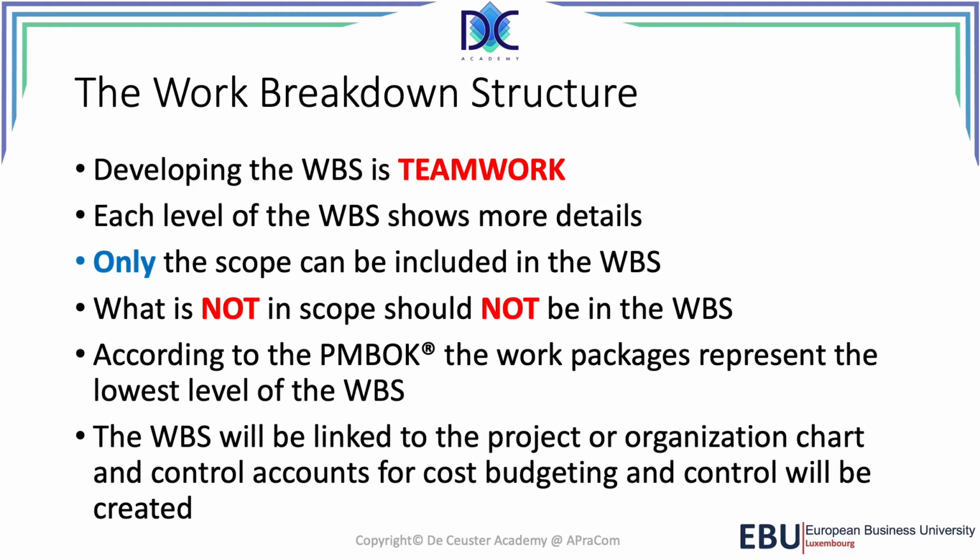So basically you create the organizational breakdown structure, linking the work packages or groups of work packages to the organizational breakdown structure, so you know who is in fact doing the work, who has to pay for it, so you understand how the project financially is organized and how it is organized within the organization.